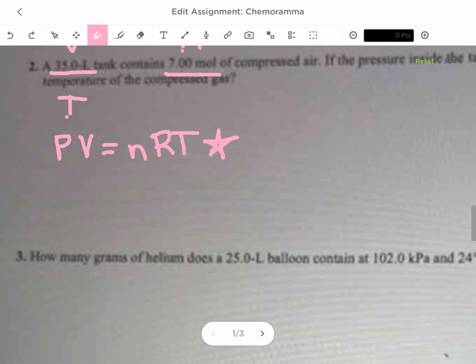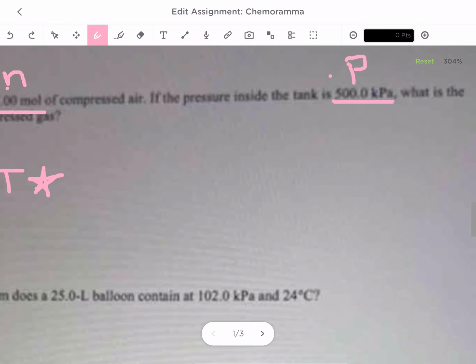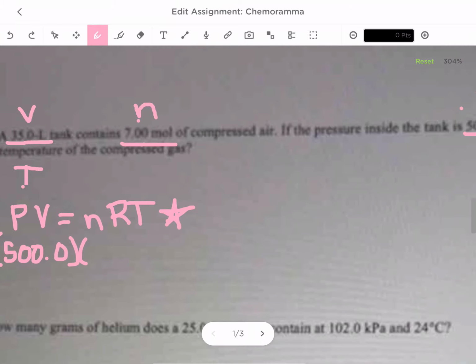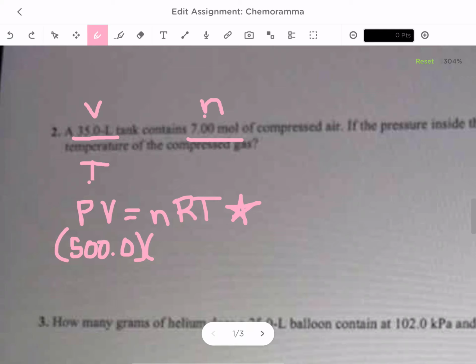So here we go. P. Do I have a P? I do. It's 500.0 kPa. So 500.0 times the volume. Do I have volume? I do. It's right there. 35.0. Look at me go.